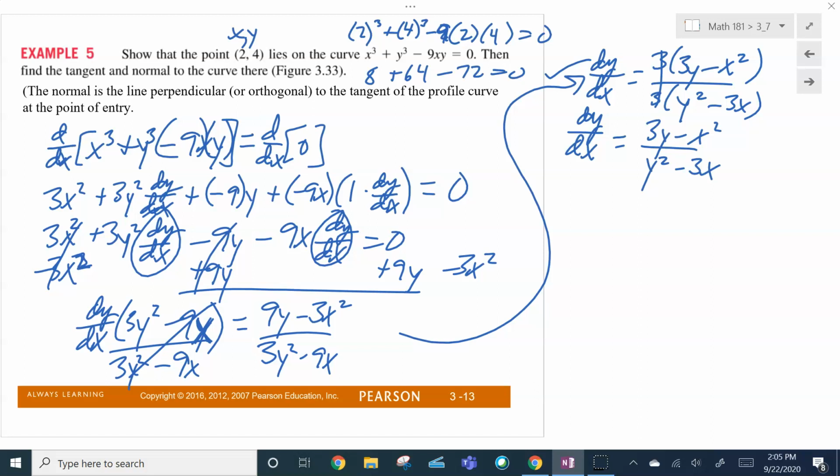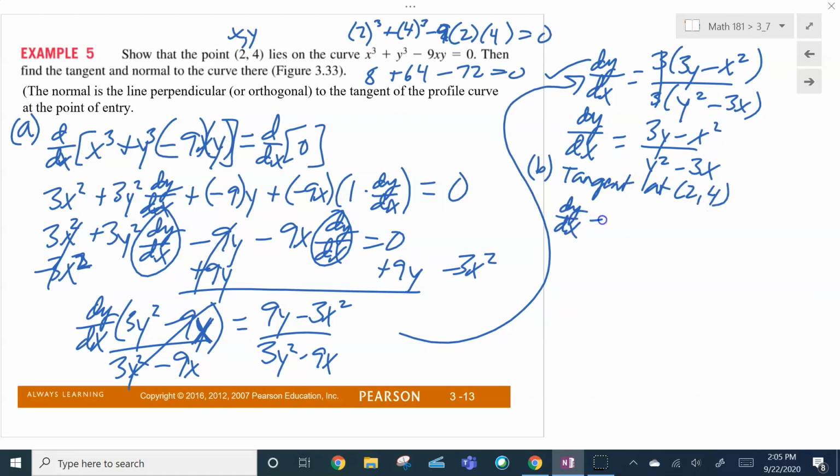So, let's find the tangent. Find the equation of the tangent line. Well, actually, part A was to verify the point is on the curve. Part B, the tangent at (2, 4). Okay, there's my x and y. Well, what's the slope there?